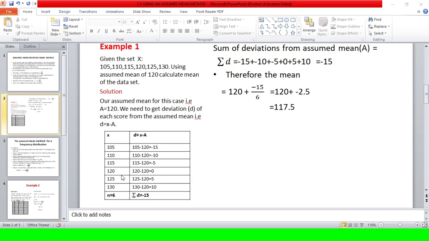The next value is 120 minus 120 is 0. The deviation here is 0. 125 minus 120 equals 5. The deviation here is 5. The next one is the last value, 130 minus 120, the deviation is 10.